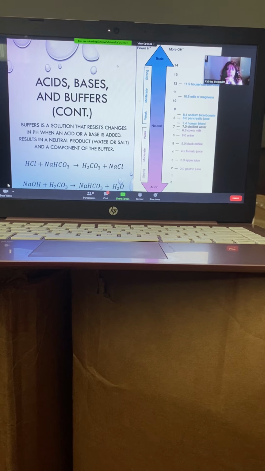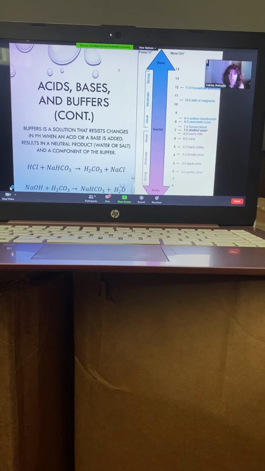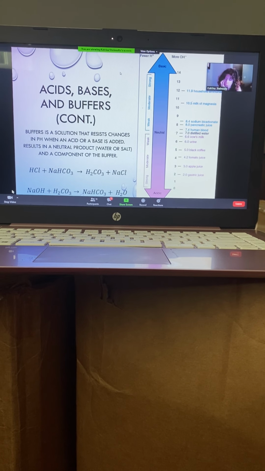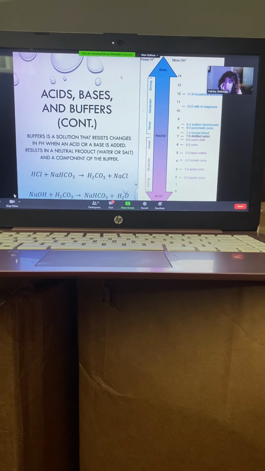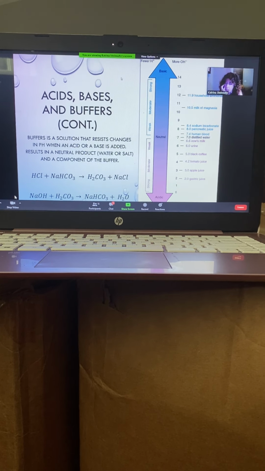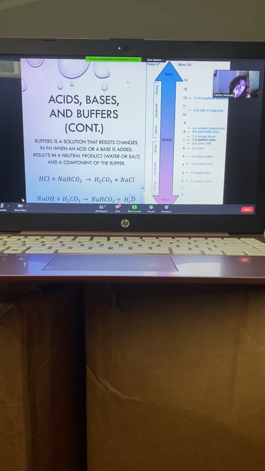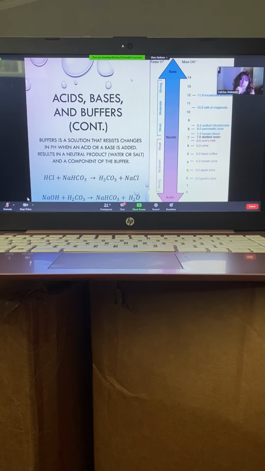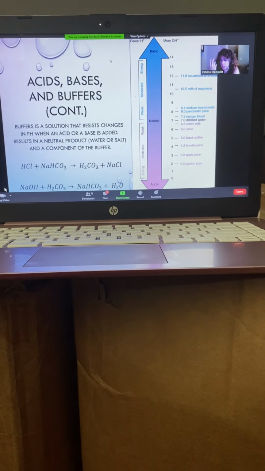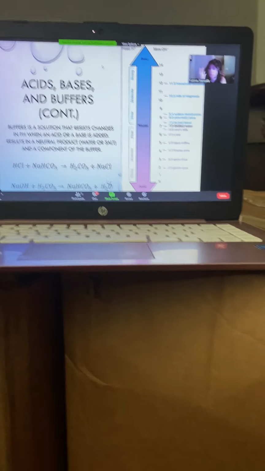Let's say we ingest something that is a base. Most of our food is either neutral or acidic, but let's say we ingest something that is a base. We don't want the acidity of the stomach to change, and if we ingest something with a lot of acid in it, like those people who decided they want to take the ghost pepper challenge, and they eat all of these ghost peppers, have you ever seen those YouTube videos of that?